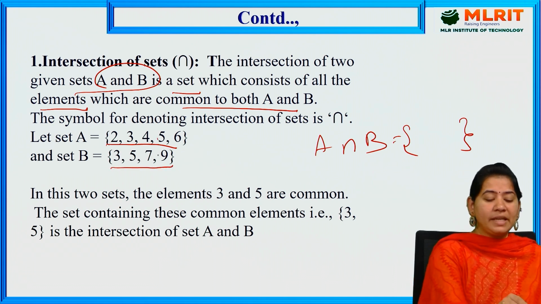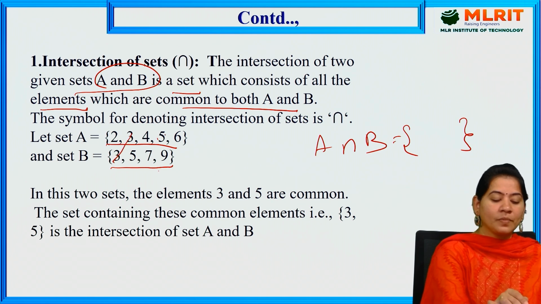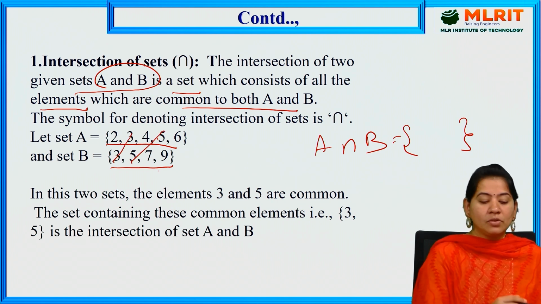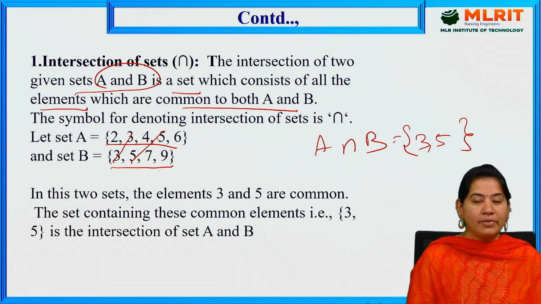The elements common to A and B are 3, 5. So A intersection B is 3, 5.